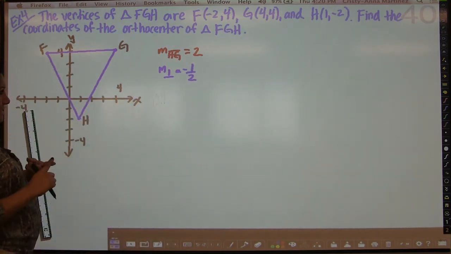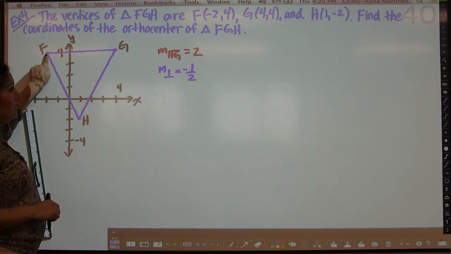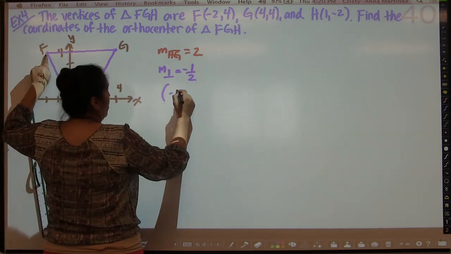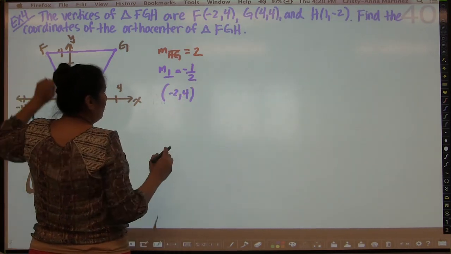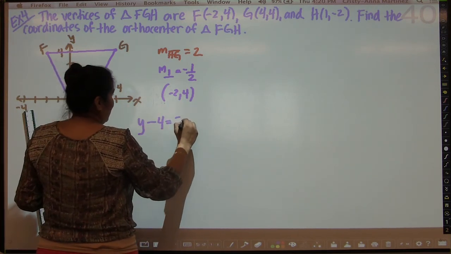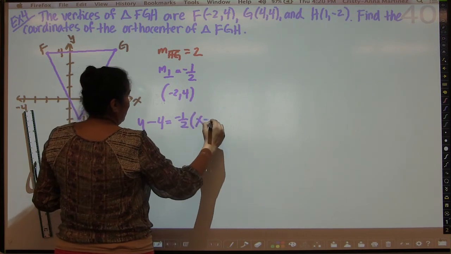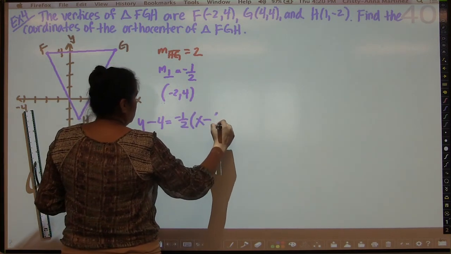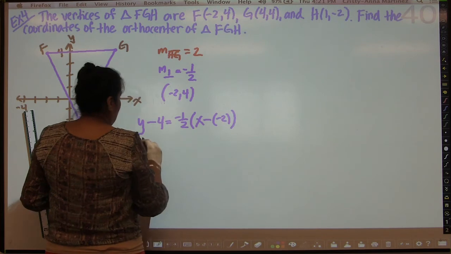Okay, so I know what my slope is. I have a point F, which is (-2, 4). So now I find the equation of the line by going y minus y1 equals m times x minus x1, and then simplifying that.